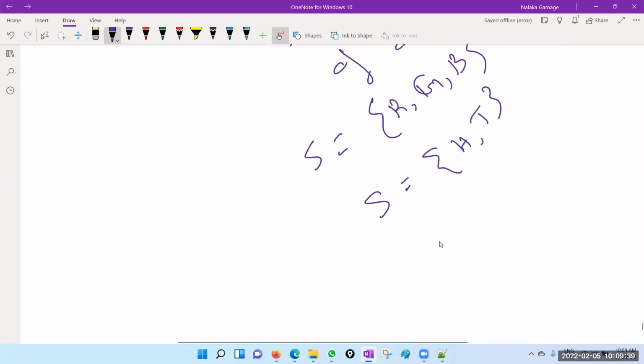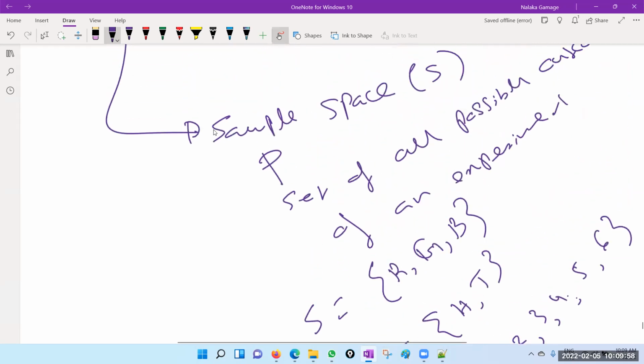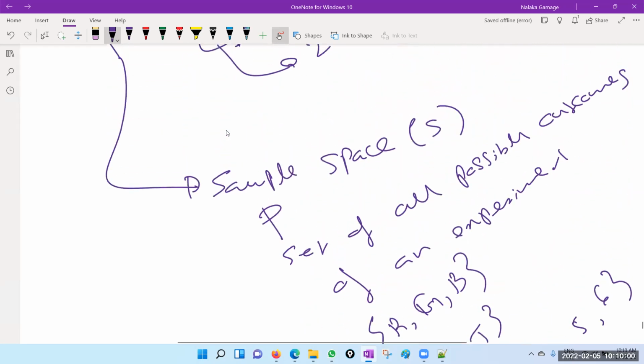If you throw a dice, the sample space is getting 1, 2, 3, 4, 5, 6. So that is our sample space. You must be able to identify the sample space of an experiment. That means you know all the outcomes.